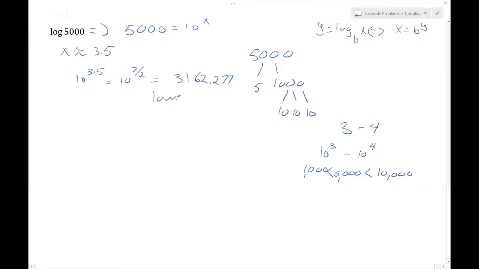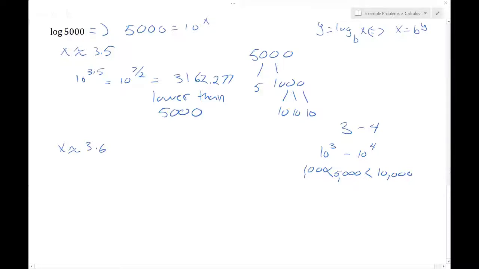And since this is lower than 5,000, we know that we need to guess higher. So for the next guess, we'll go x is approximately 3.6.